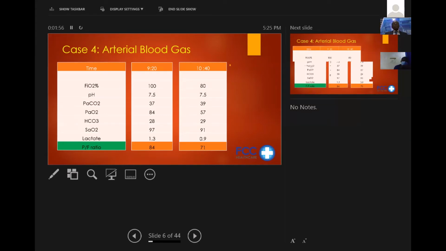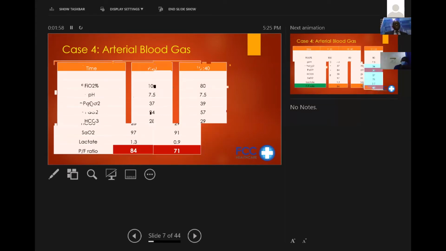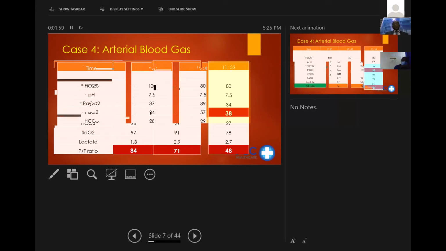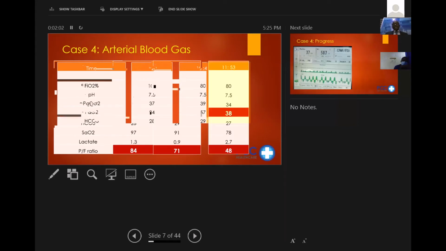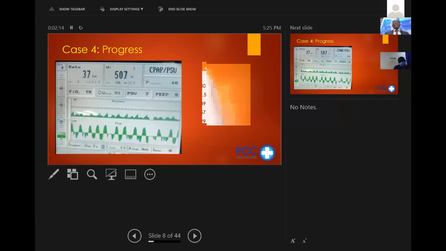An hour later, we repeated this again, and things had gotten really bad. His PF ratio had now dropped to 48. This met the requirement for non-invasive ventilation, and he started right off the bat on that.